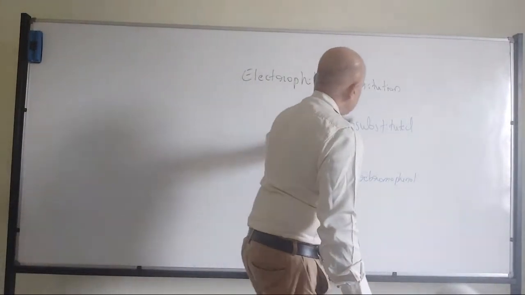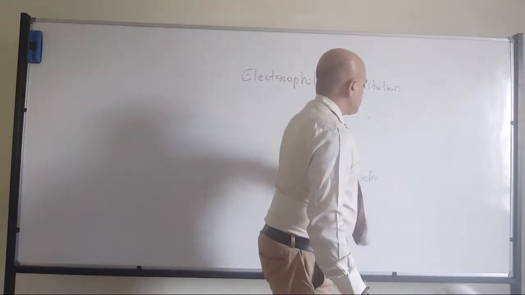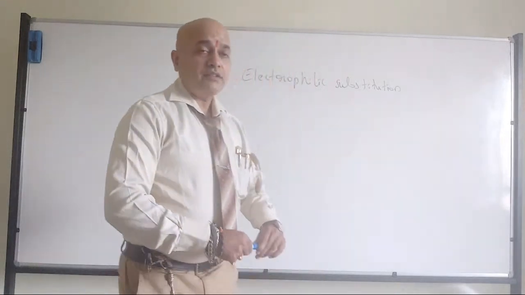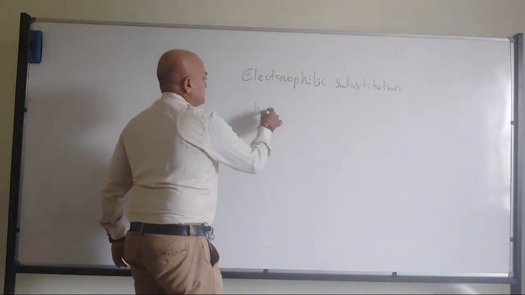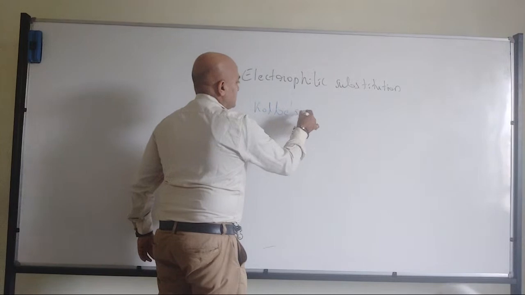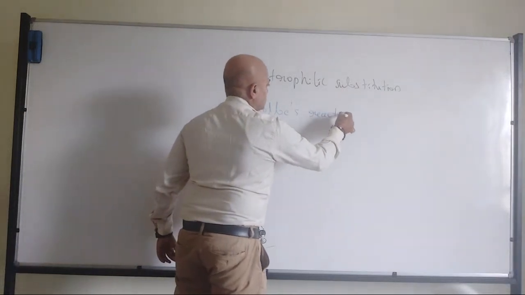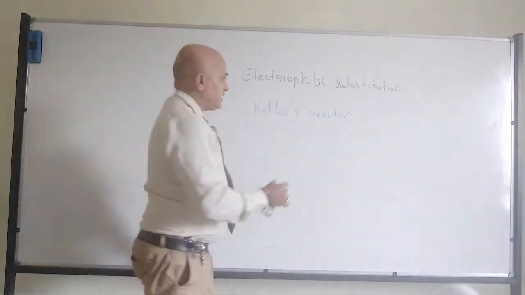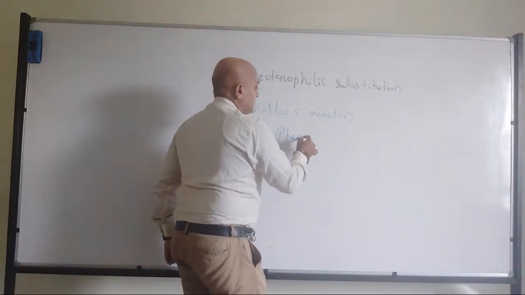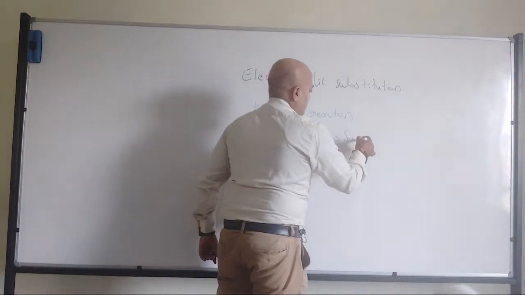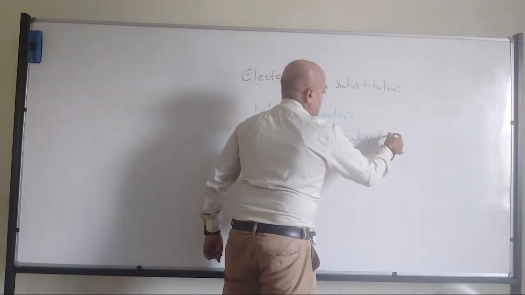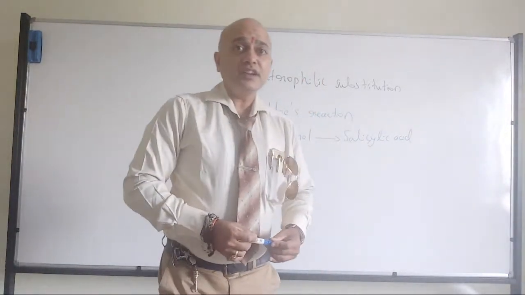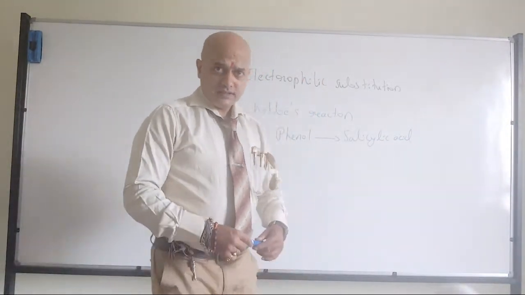Then we have discussed one of the important reactions, that is the Kolbe reaction. What do you mean by the Kolbe reaction? Here, phenol will be converted into salicylic acid. First it has to be treated with sodium hydroxide, right?